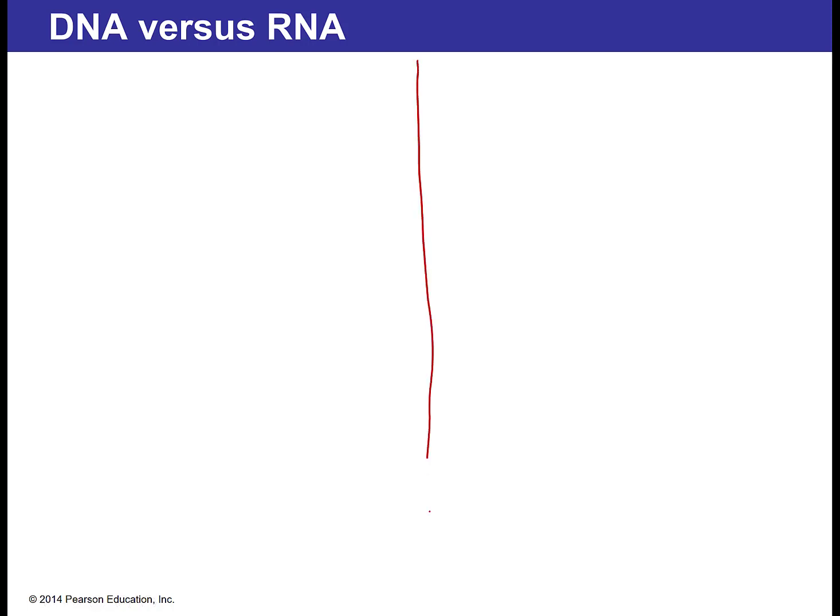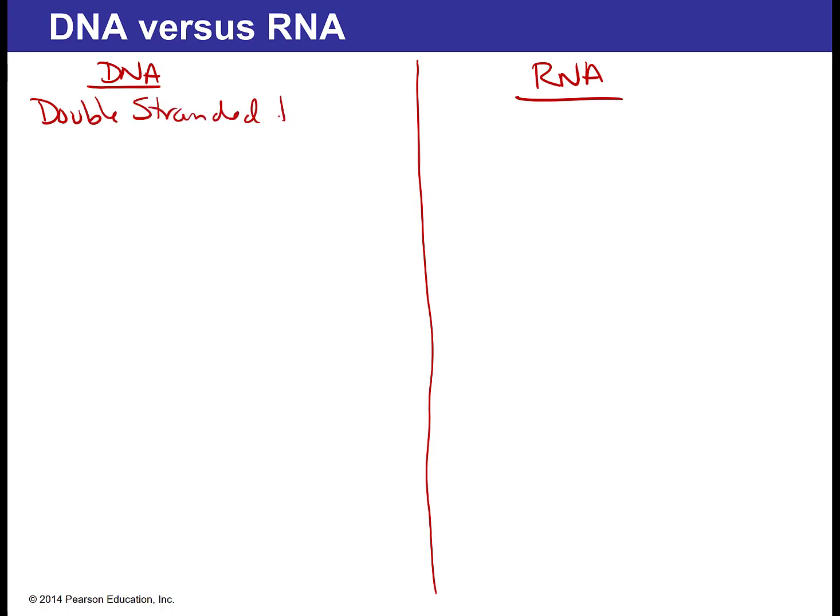So we really talked about DNA. So let's do a comparison of RNA. So we said that DNA is a double-stranded helix. Well, RNA is just a single strand. DNA has adenine, thymine, cytosine, and guanine.